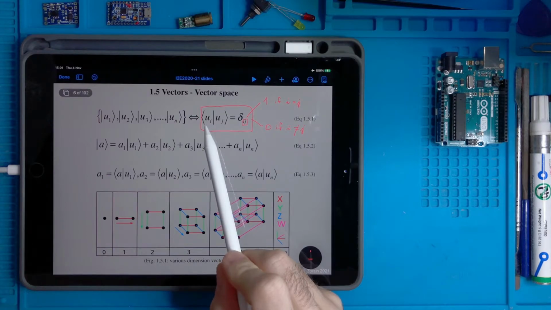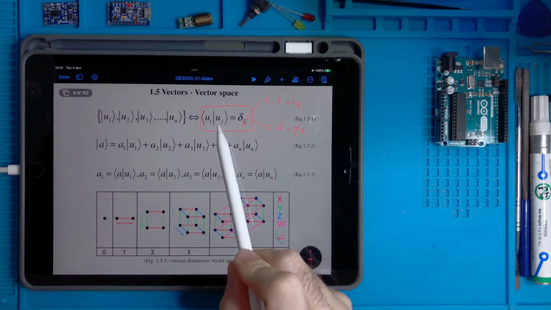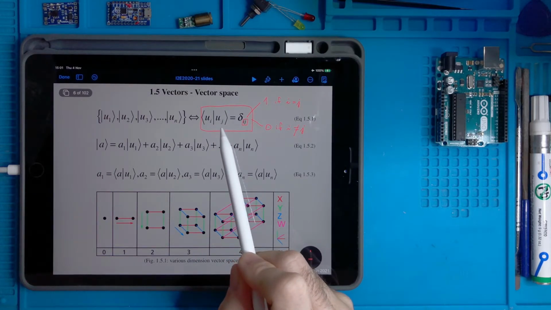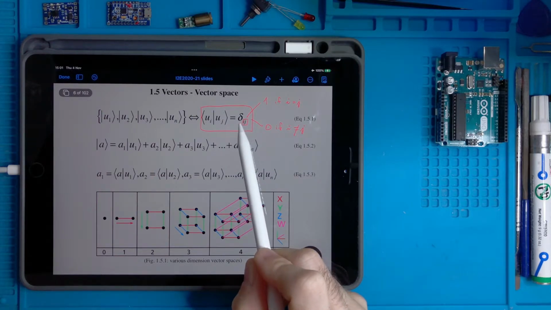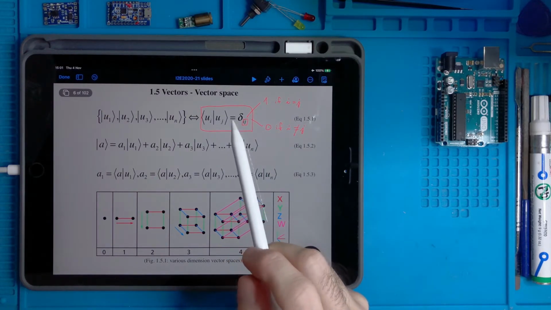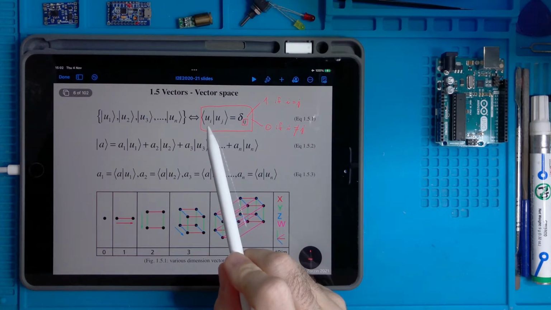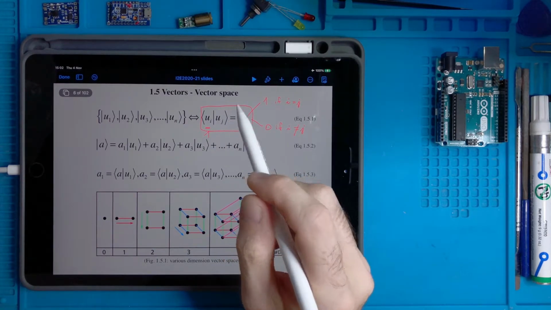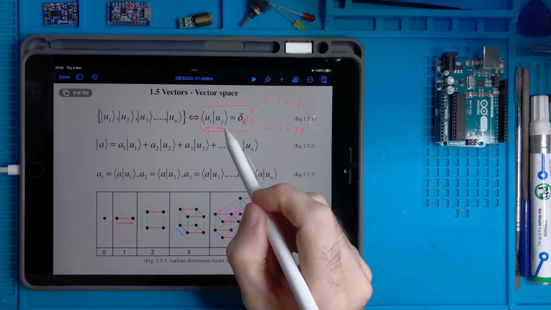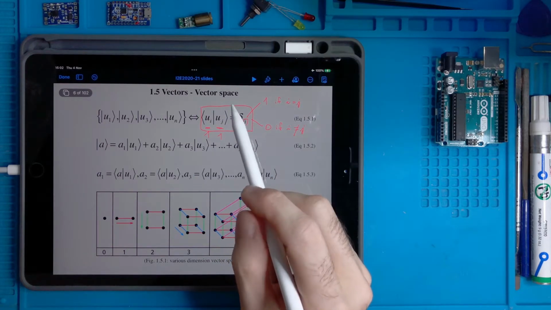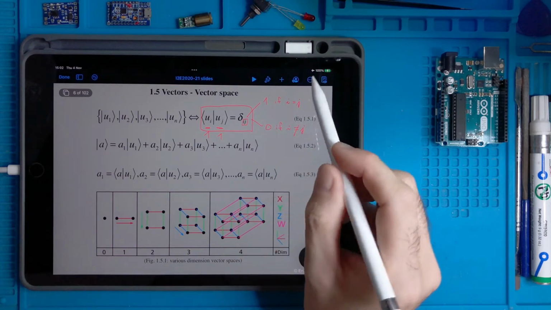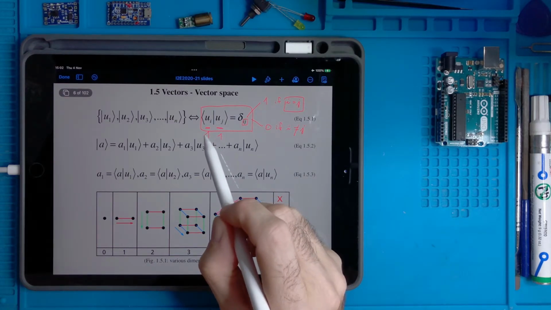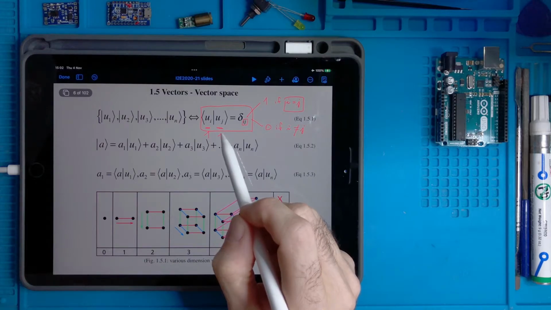Let's see how this symbol works. If I take ui and then I take uj with j equal to i, so let's say ui multiplied by ui, this thing says that this inner product is 1. That would be the length of ui, which is 1, because we said we want unitary vectors, multiplied by the length of uj, and we are analyzing the case i equal to j, so uj is ui, 1 by 1 multiplied by the cosine between the two vectors.